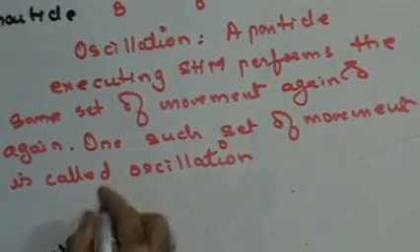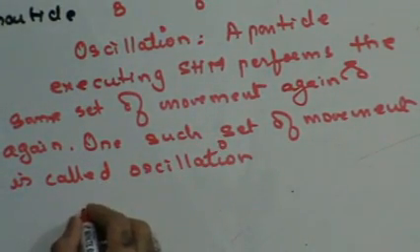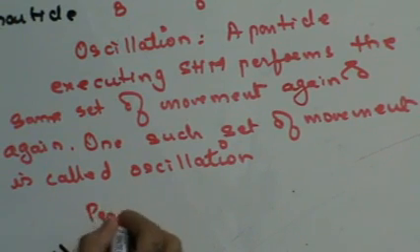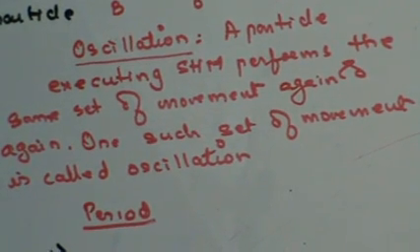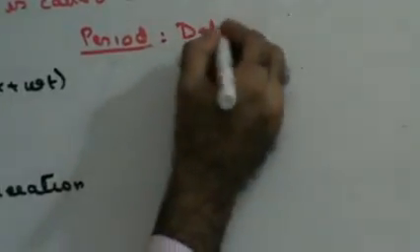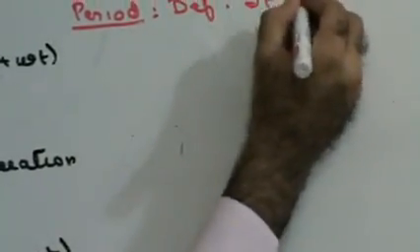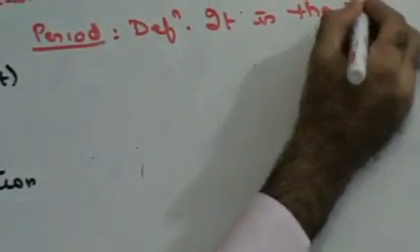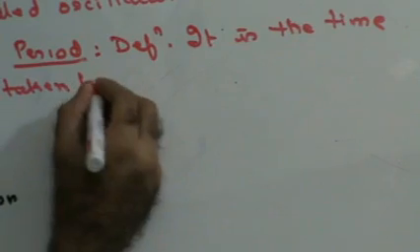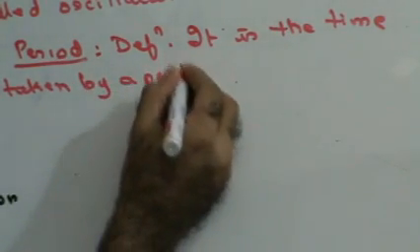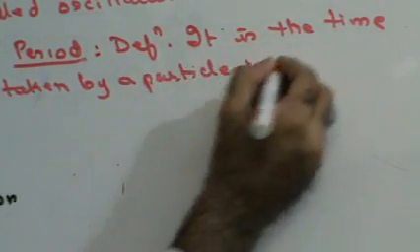Once I know what an oscillation is, I can define the period of SHM. How do I define period of SHM?